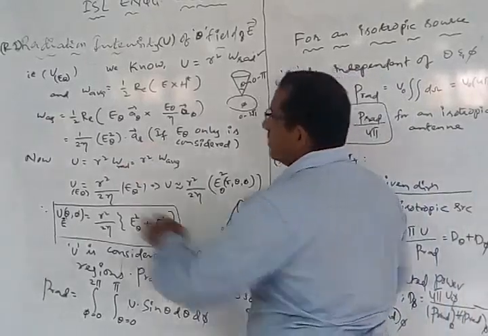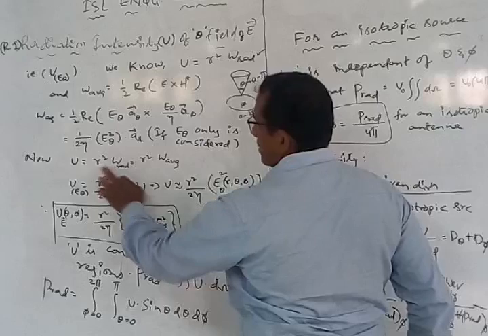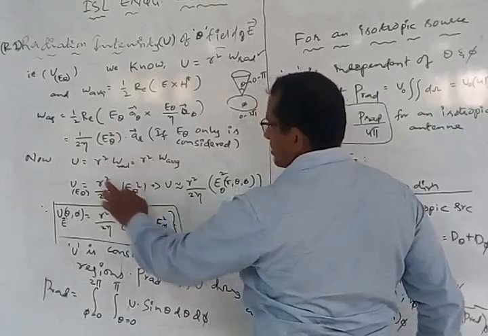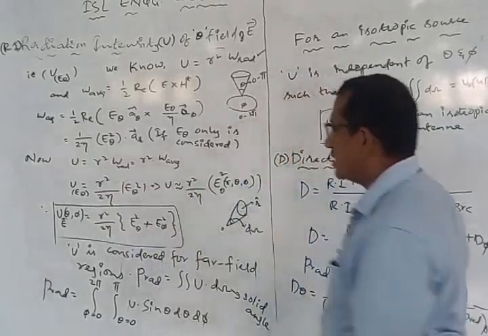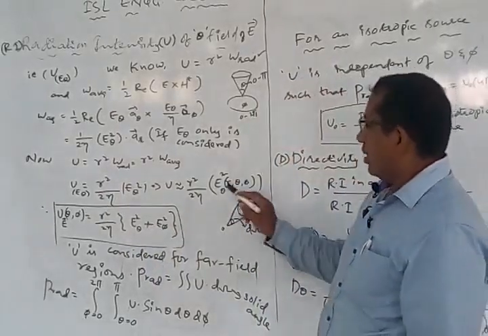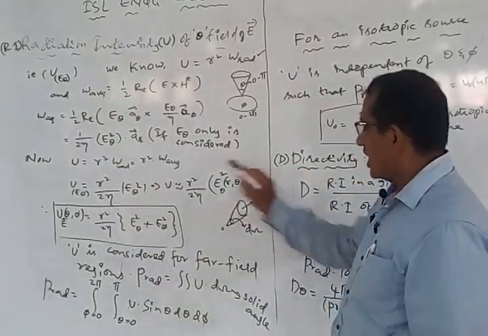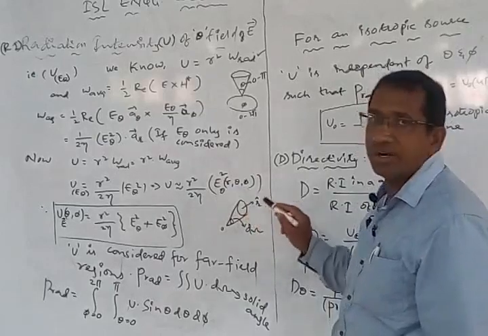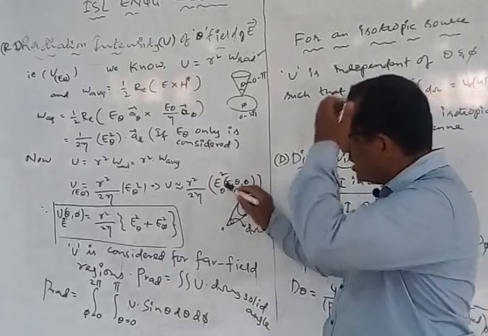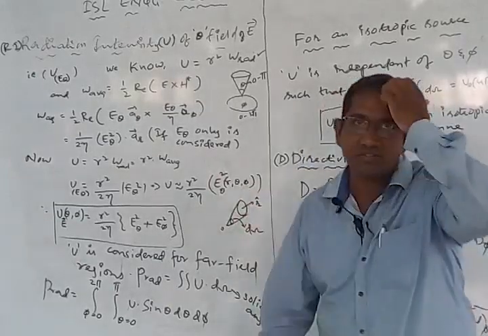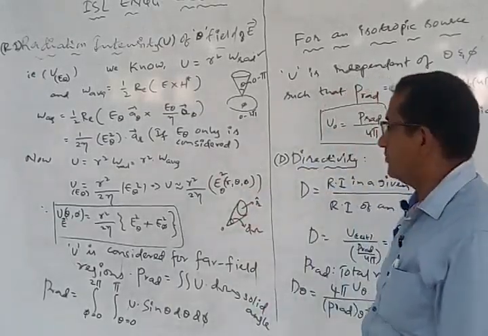I simply have to multiply the average power with R square according to this formula. Once you multiply, you get R square by 2 eta times E theta square. Now I am representing this electric field in the spherical coordinate system which contains R, theta and phi. So this is the E theta component in the spherical coordinate system.